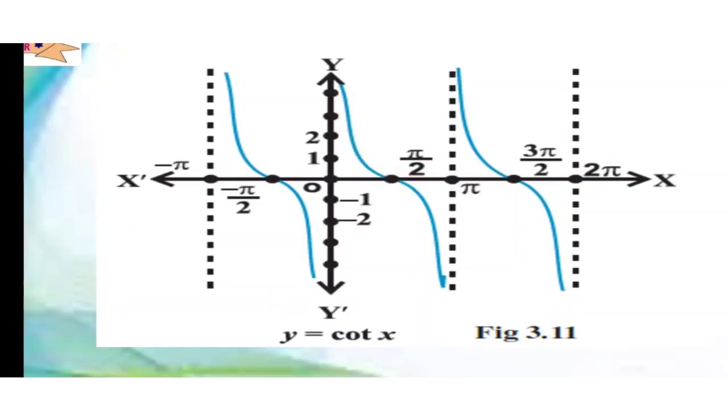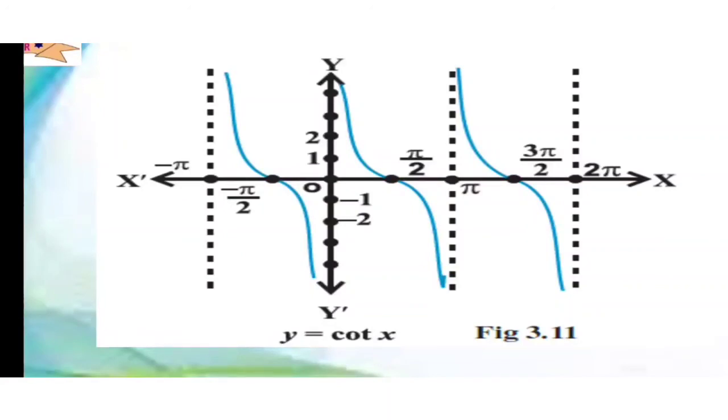And here the domain of cot x is the set of all real numbers except n pi, because cot x is cos x upon sin x, and sin x is in the denominator and it gives you the result 0 when we have the input as n pi.